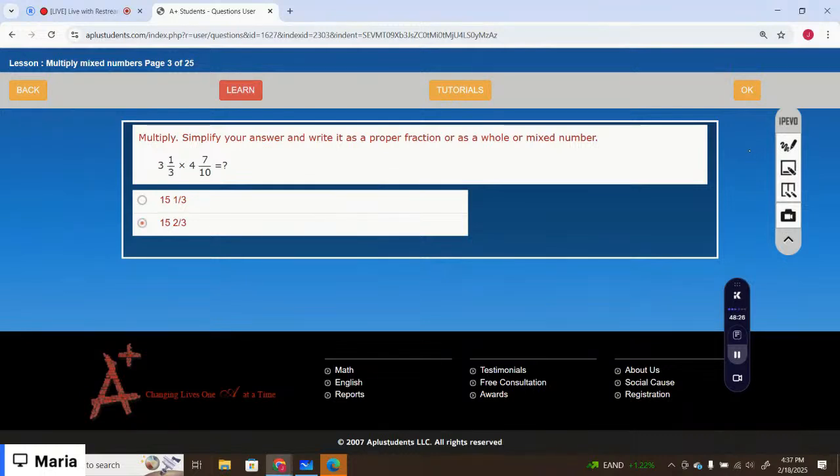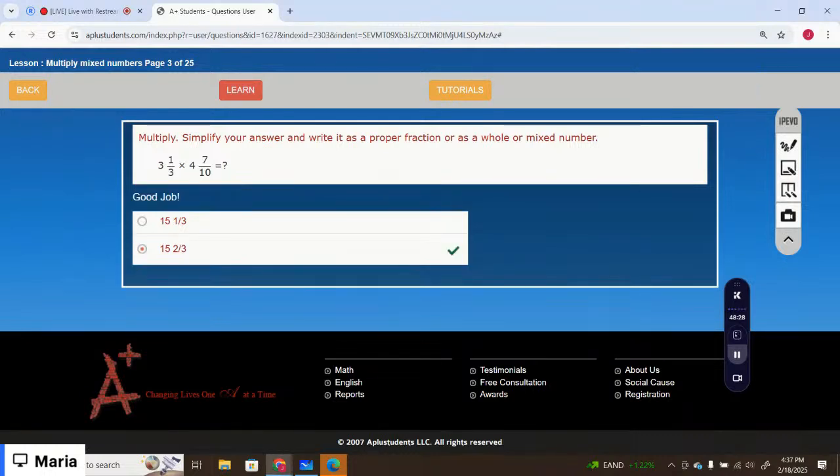The correct option is option number 2, that is 15 whole 2 by 3.